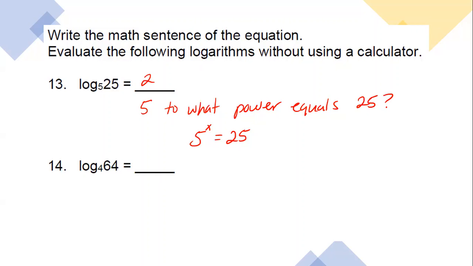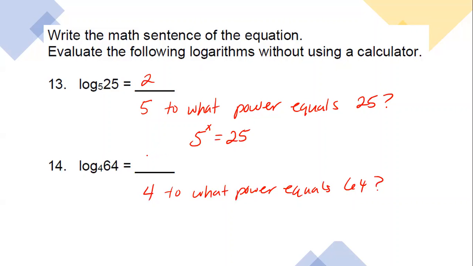When you solve for a log, those are given the solution. What if you're not given your solution? We have to step it up a notch. All right, what is 14 asking me? 4 to what power equals 64?